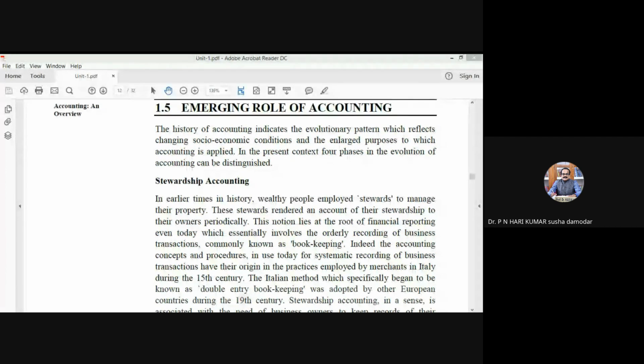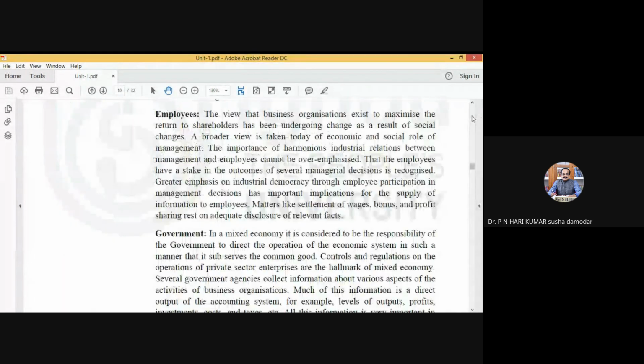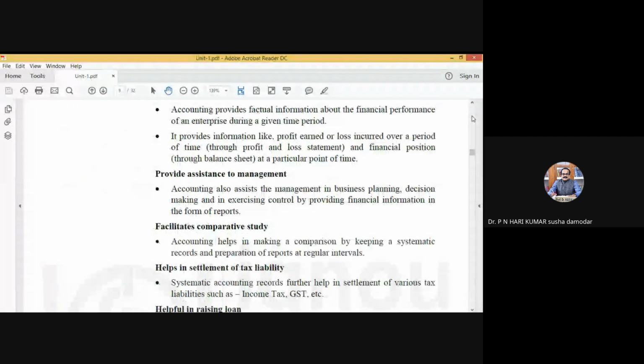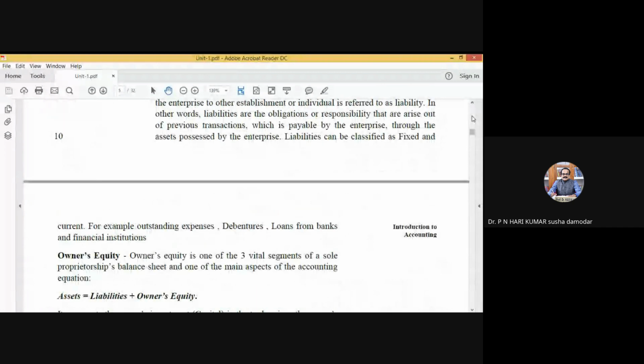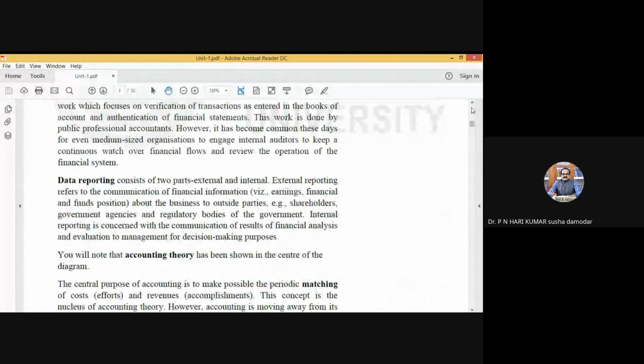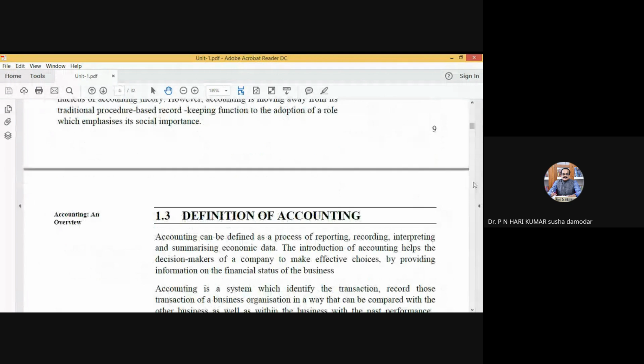This is basically the first module of your study material. Can you see? Yes, sir, it is visible. Okay, thank you.